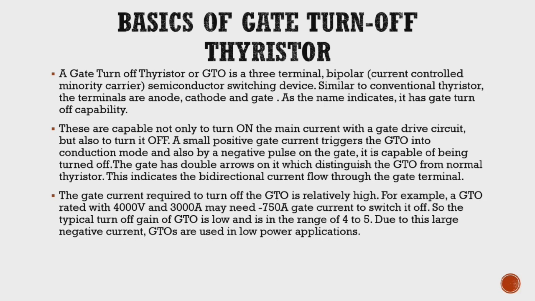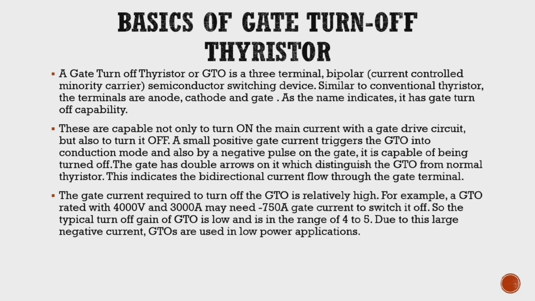Basics of gate turn-off Thyristor. Gate turn-off Thyristor, or GTO, is a 3-terminal bipolar semiconductor switching device. Similar to conventional Thyristor, the terminals are anode, cathode, and gate. As the name indicates, it has gate turn-off capability. These are capable not only to turn on the main current with a gate drive circuit, but also to turn it off.